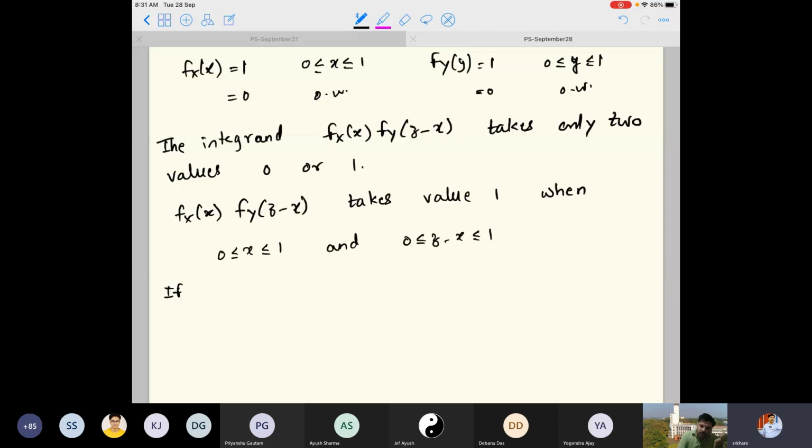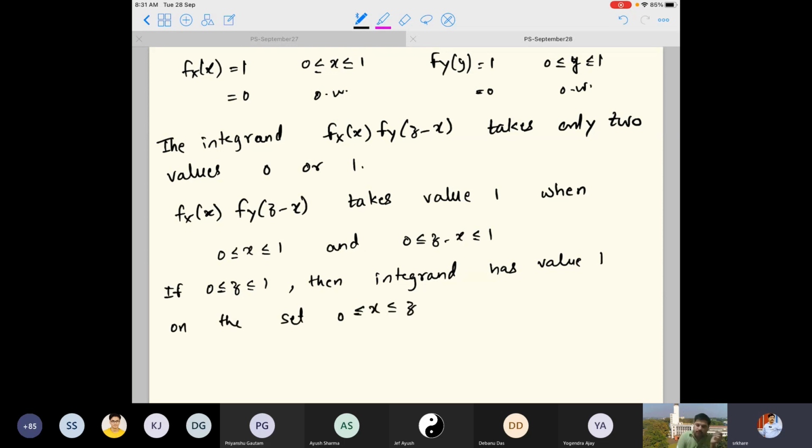If z is between 0 and 1, then the integrand has value 1 on the set 0 less than or equal to x less than or equal to z. Correct?